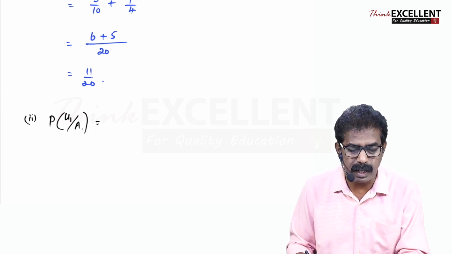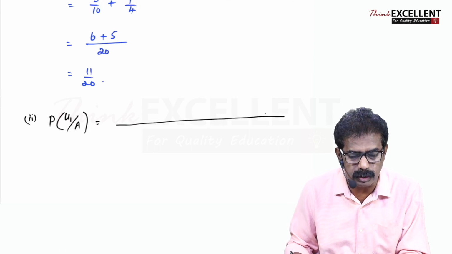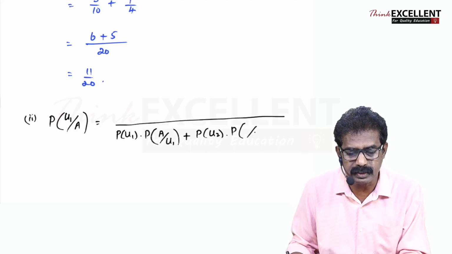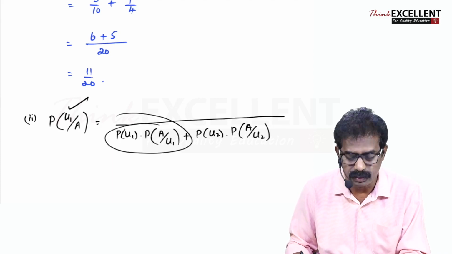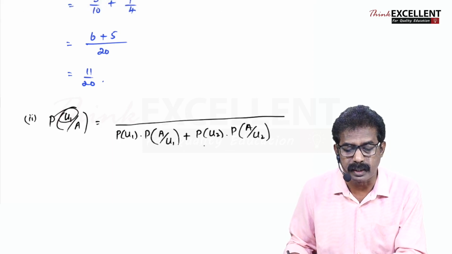It is given a black ball is drawn, so we have to use Bayes theorem. In the denominator you write the total probability, that is selecting the first urn and drawing a black from it, or selecting the second urn and drawing a black from it. In the numerator, if it is U1, write the first term. If it is U2, write the second term.